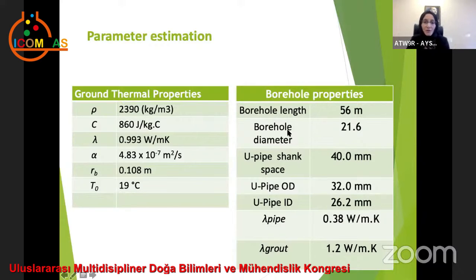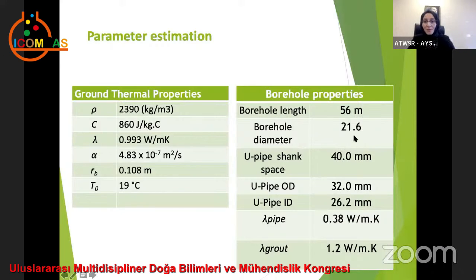And the borehole properties, you can see the physical properties and the thermal properties here. Borehole length, we intended to drill 75 meters, but we got stuck at 56 meters because of the geology. It has lots of clay minerals, and it made the drilling difficult. And we did this 56 meters.